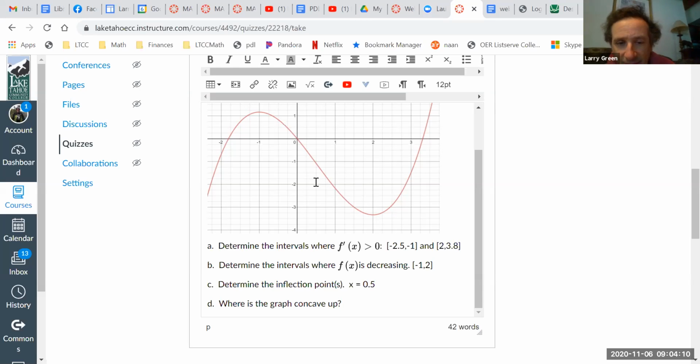And the idea here is it goes from the inflection point, and the inflection point is not 0, because we decided the inflection point was 0.5. So 0.5 is a change of concavity. So it's going to go from 0.5 off to infinity, or 3.8, I'll use that.